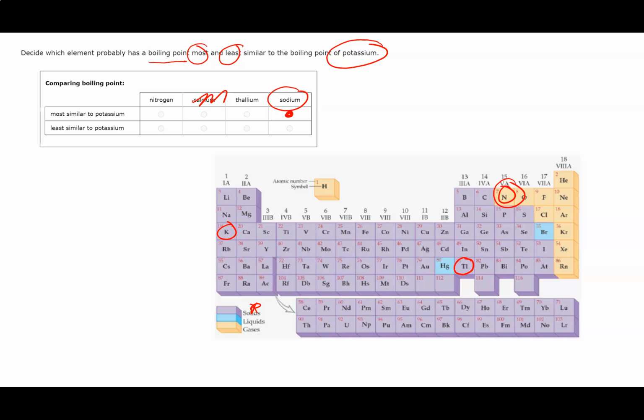There's a third little bit of evidence here, and that is that nitrogen is a non-metal and potassium and thallium are both metals. So however you spin it, whatever reasoning you use, you're going to come up with the conclusion that nitrogen has the boiling point that is the most different from that of potassium. It's so different that nitrogen is a gas at room temperature, whereas potassium is a solid.